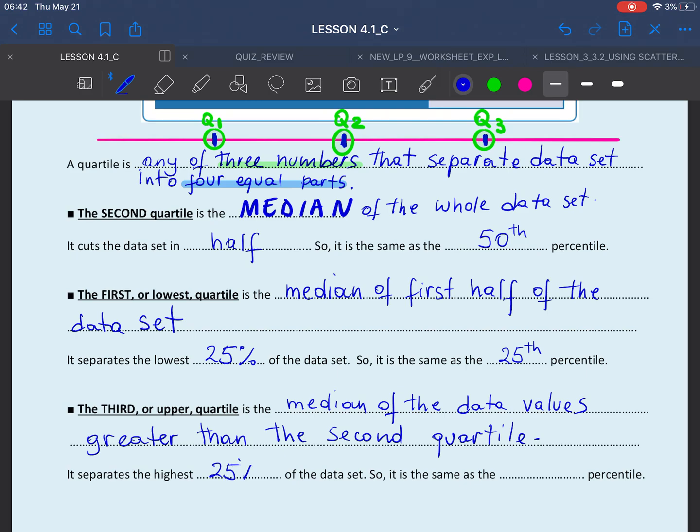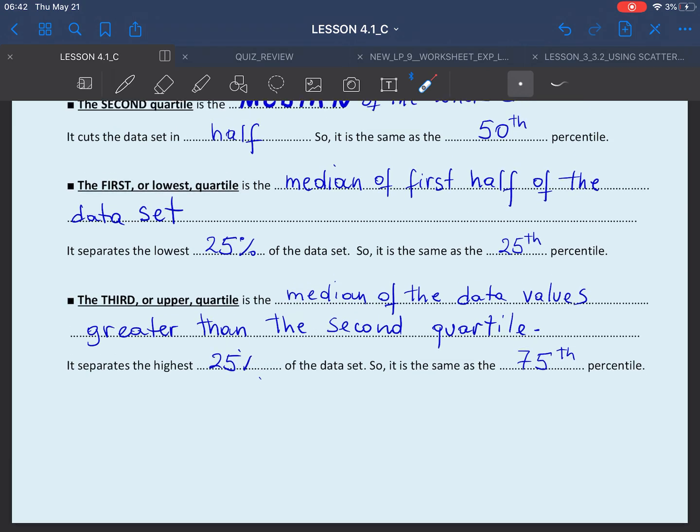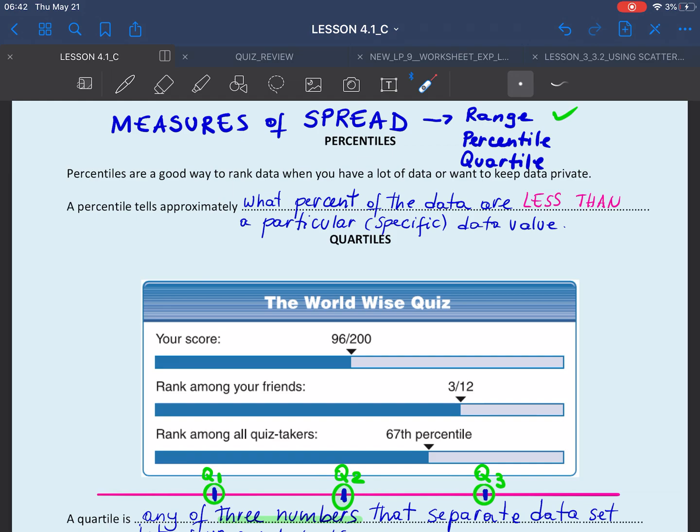It separates the highest 25% of the data set. So it is the same as the 75th percentile, because when you arrive at Q3, you have arrived at 75% of the data.